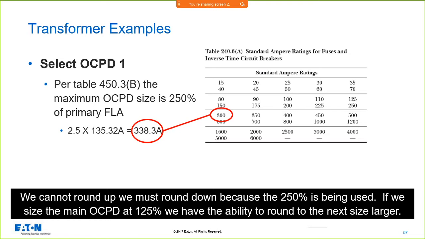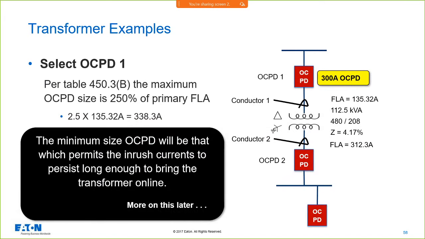I can't go to the 350, and we had the quiz question, which we got mixed results on. The reason I can't step up is because I am using 250% and I don't have note 1 on that table. So 338, I'm going to step that down. My maximum overcurrent protective device size on the primary is 300 amps for that transformer. Can't go any higher.